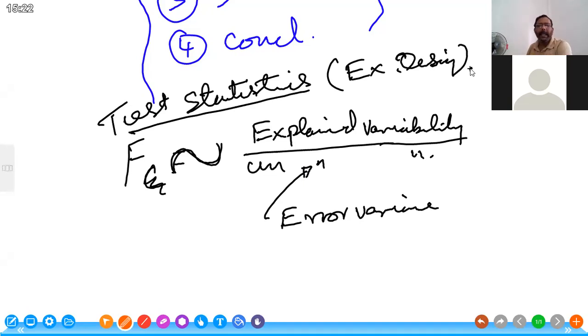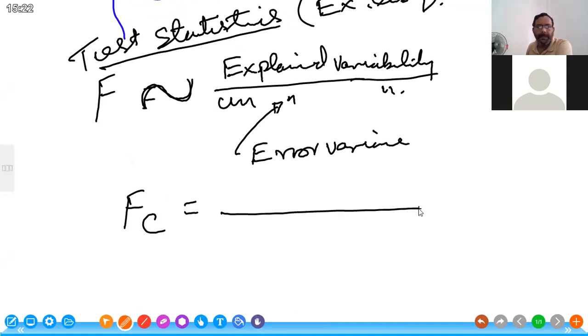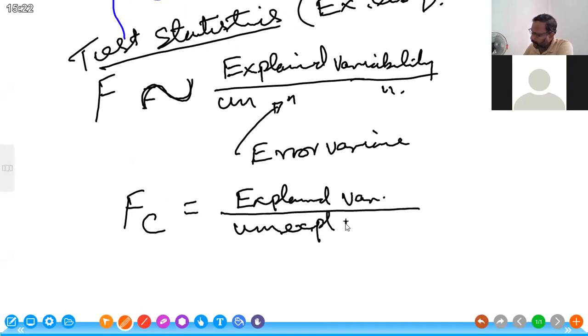We will come to that later if we have not done so. You see, this is distributed with the F distribution. I have already introduced this distribution in your first course. So basically what we are looking for is our calculated value of F, which is based on the explained variability divided by the unexplained variability.